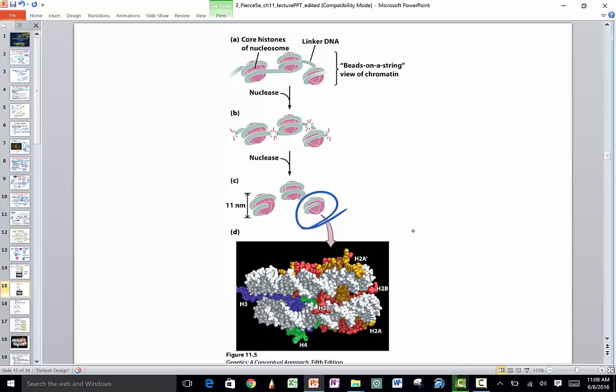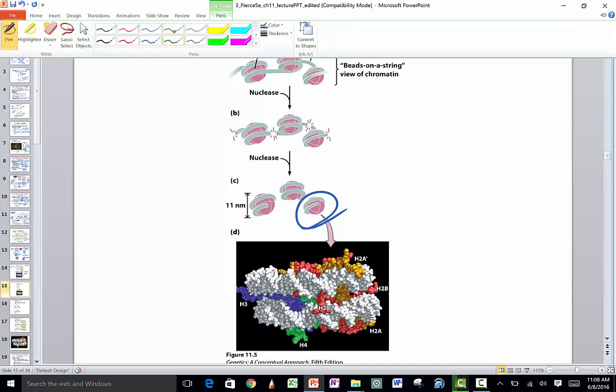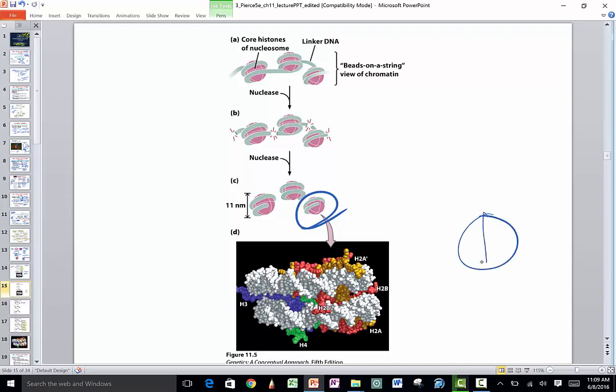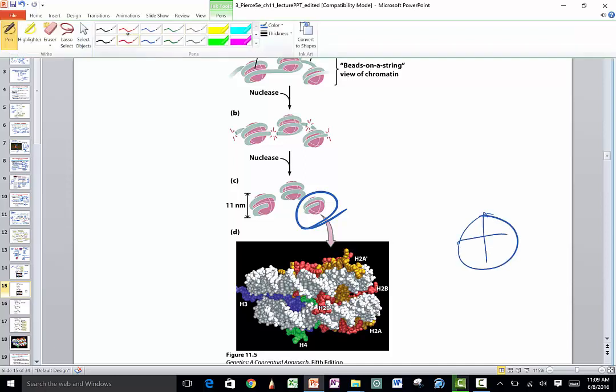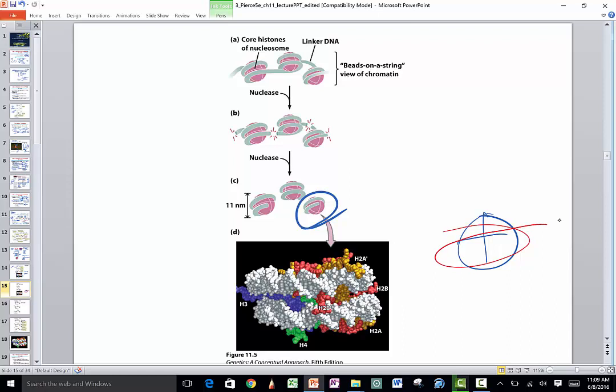I like to think of it this way: you've got these 8 proteins, and then you've got DNA wrapped around it. Now, one thing we'll notice about these histones as we go along is that there's all these different histones, and each of these histones has these tails.